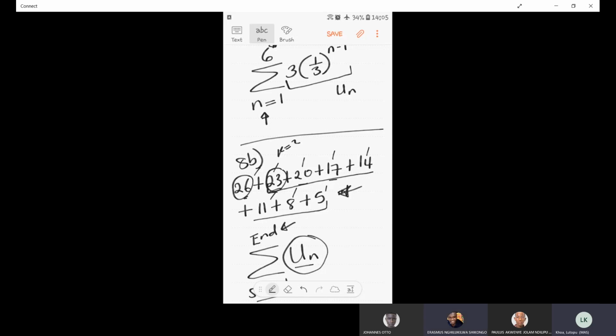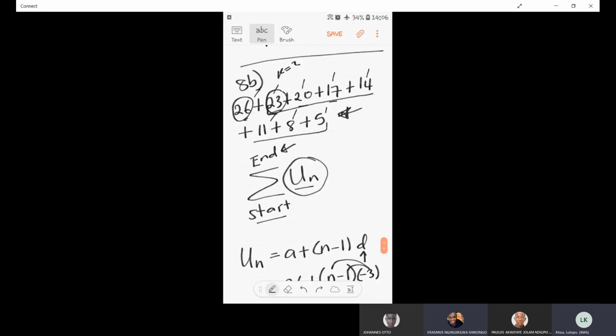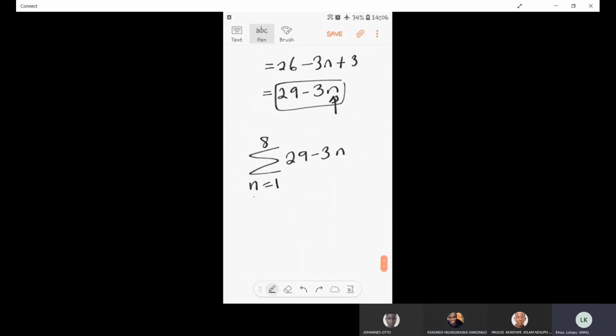Okay, but when we are calculating the number of terms, can you please scroll to the solution we got now? When we are calculating the number of terms from the start point to the end point, here we are saying there are 8 terms, because we started at 1.